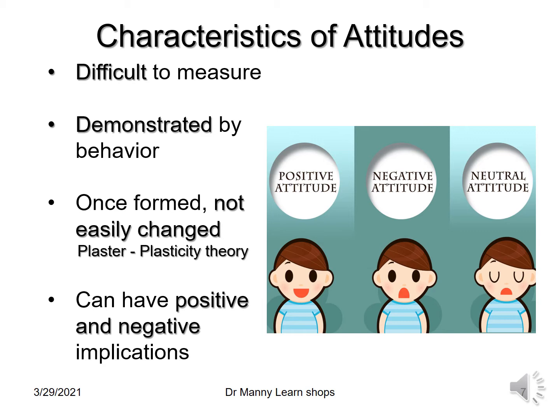And as we mentioned previously, once formed, they're not easily changed, especially if we compare it to the plasticity theory. So you can have attitudes that can be classified with positive or negative implications. You can have a positive attitude, you can have a negative attitude, or you can have a combination of both, which neutralizes both.